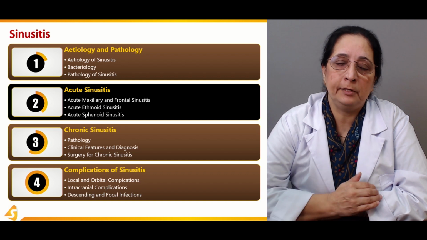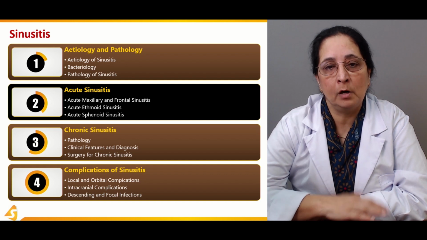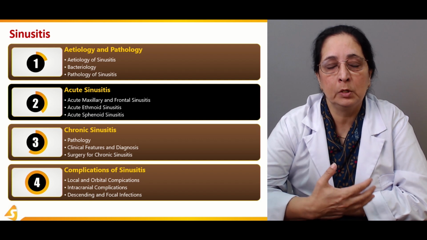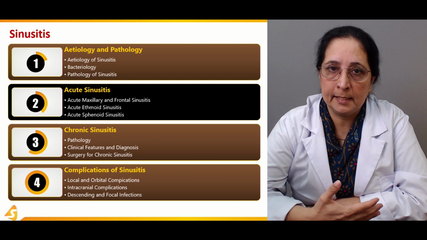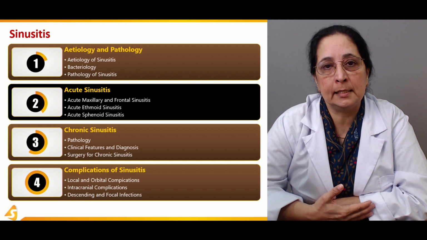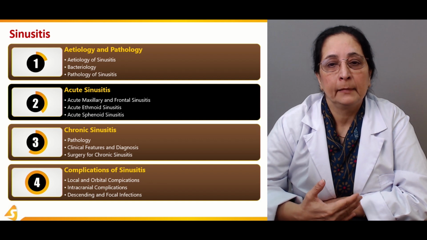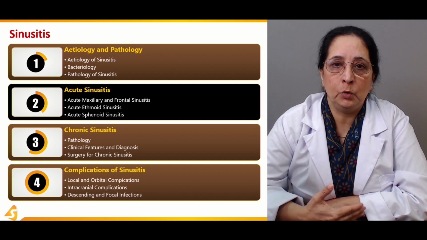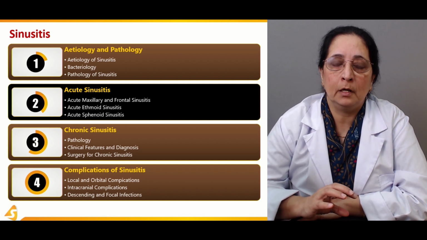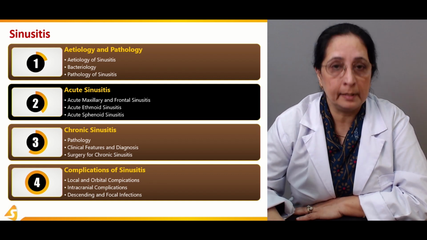So in this section, we will talk about the acute inflammation of all these 4 paranasal sinuses: the acute infection of the maxillary sinus leading to maxillary sinusitis, the sphenoid sinus, the ethmoid sinus, and also the frontal sinus and acute infection of the frontal sinus. So this is the main topic which we will discuss in this second section of our lecture.